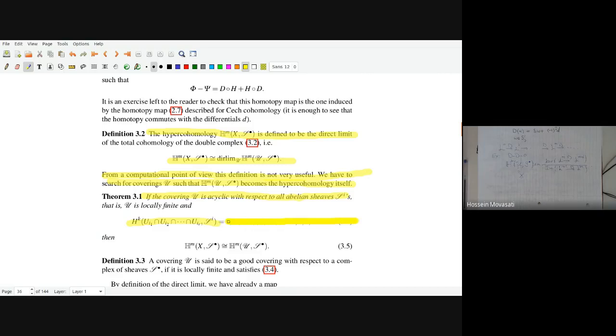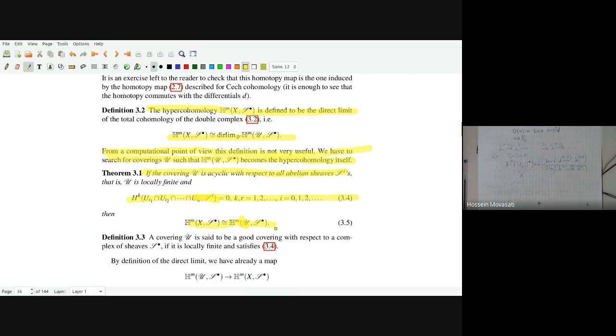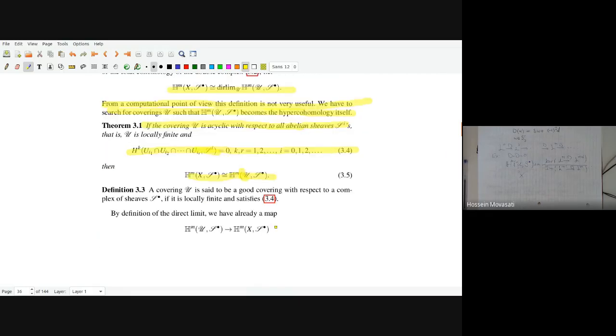In the next lecture we will discuss how to find acyclic coverings for our main examples. And once we have this acyclic covering, it's a kind of exercise in topology that the hypercohomology is the same as the hypercohomology relative to this covering.